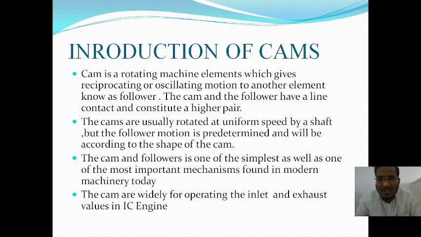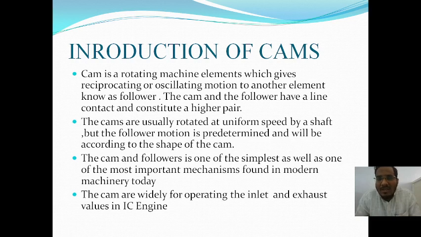So here we are discussing the introduction part of the cam. Commonly, we see cams in the automobile sector at the head of the cylinder.